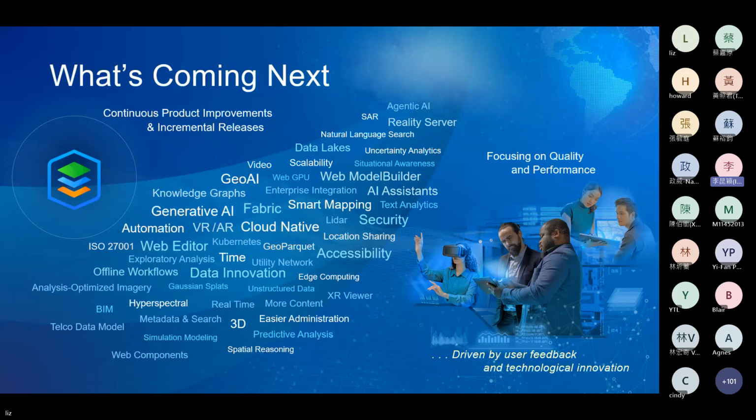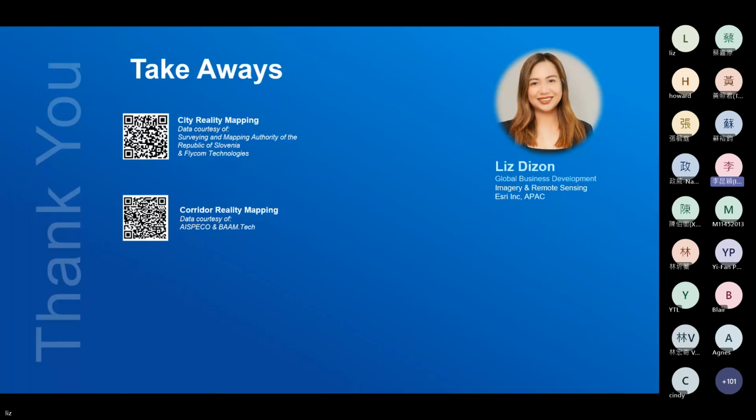So our commitment is to continue to advance ArcGIS in support of your work with a focus on quality and performance that we know are very important to all of you. And that's it, and thank you very much for your time today.